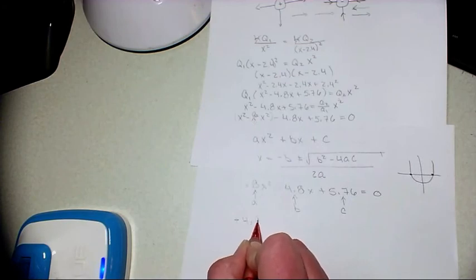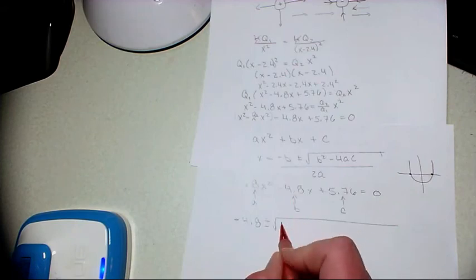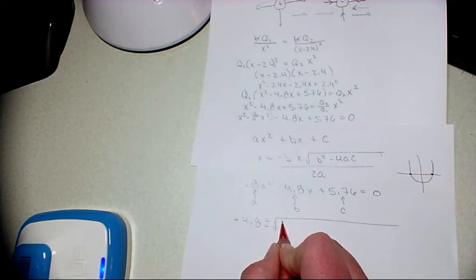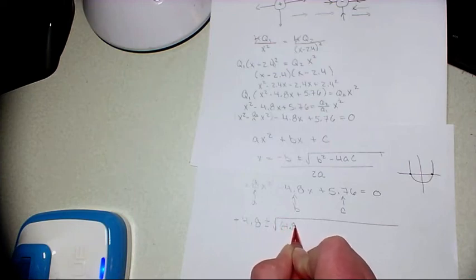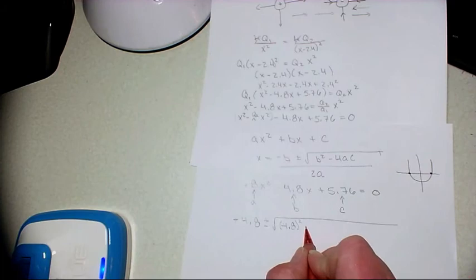Positive 4.8 plus or minus the square root of b squared. So we've talked about this in class before. You can leave the negative in there, but you need to remember in your calculator to do the parentheses around the negative sign. Otherwise, your calculator will give you 4.8 squared and its negative value. So just that reminder.